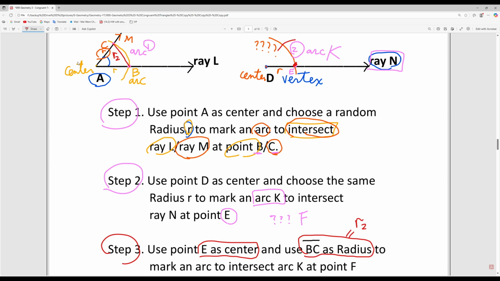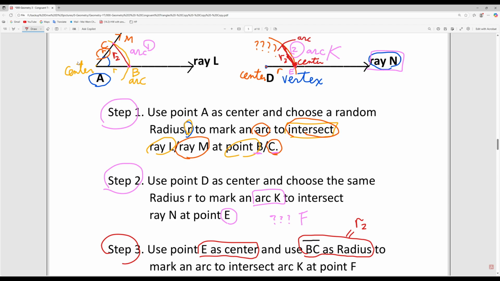You use E as a center, and you use radius R2. Let me draw a better straight line. Okay, pretend this is a straight line. Okay, R2. And when you use R2 as a radius and E as a center, you draw another arc.